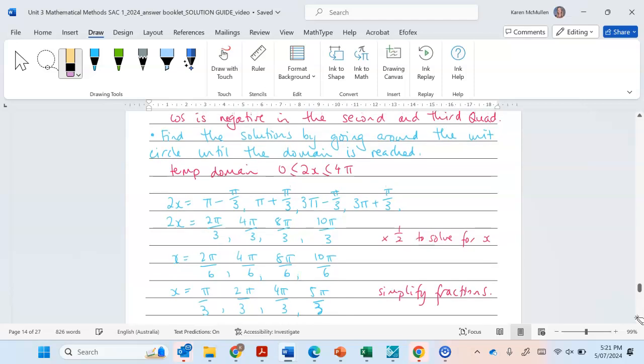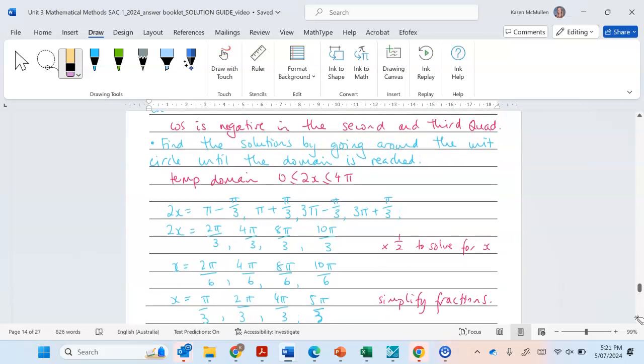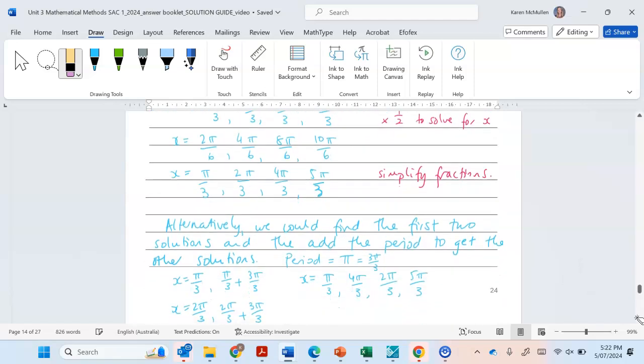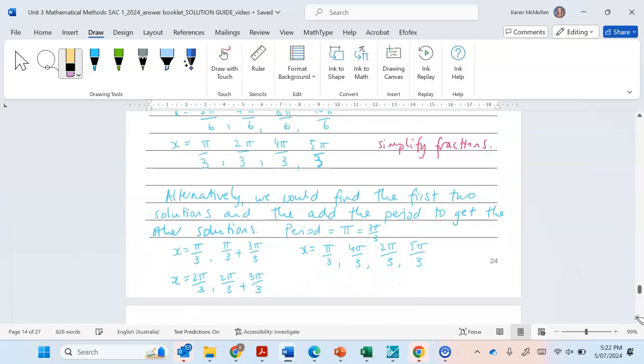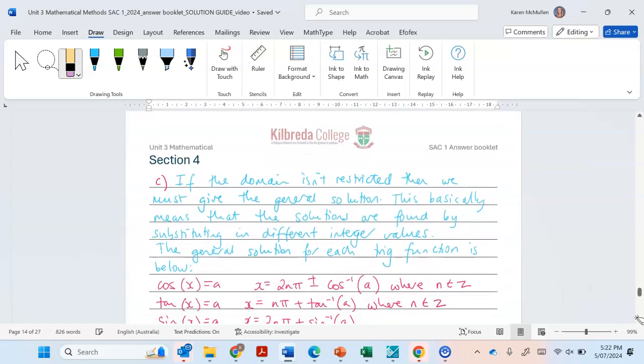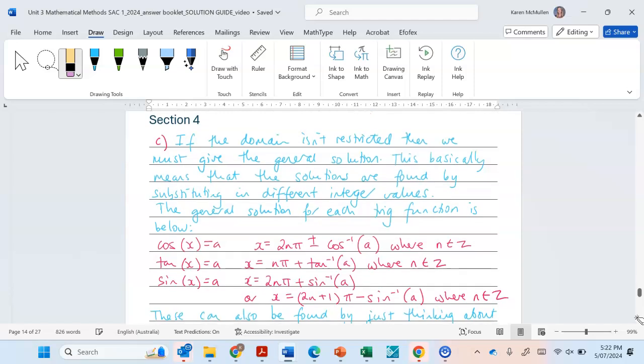There are multiple ways of finding solutions. This was just one way, and I didn't want to put just the one way. You could also use your general solutions, which was also fine. Then part C, talking about the general solution.